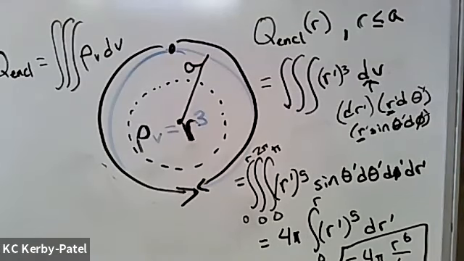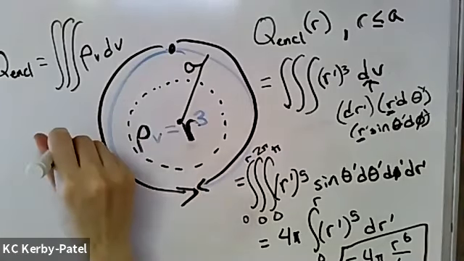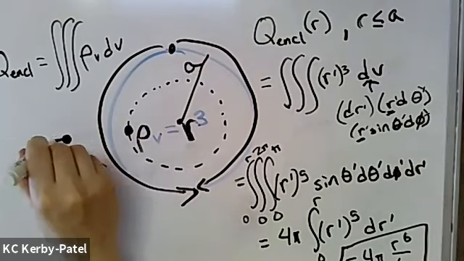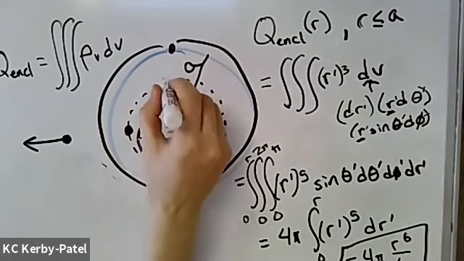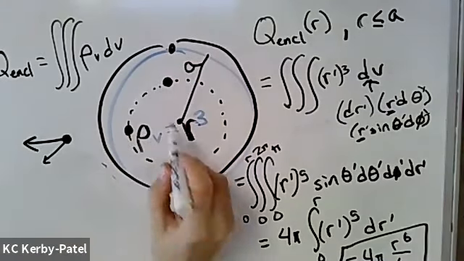We only have a couple minutes left, but by looking at this problem and looking at the symmetry here, if I looked at an observation point here, I can see that this differential charge element here would contribute an R-directed electric field. This differential charge element would contribute a field that's more like that.